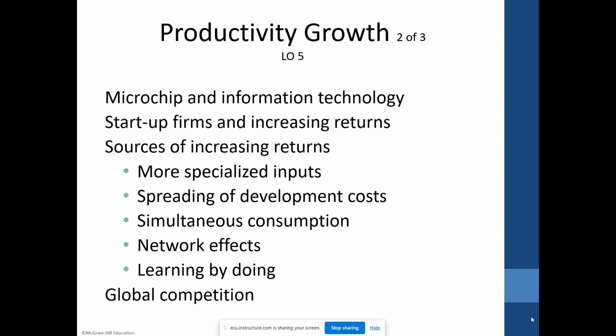Hundreds of new startup firms aided in the advancement of new information technology. These new firms took advantage of increasing returns and economies of scale as they helped to increase labor productivity. Global competition fueled by the collapse of the socialist economies was another key factor in the increasing rate of labor productivity growth.